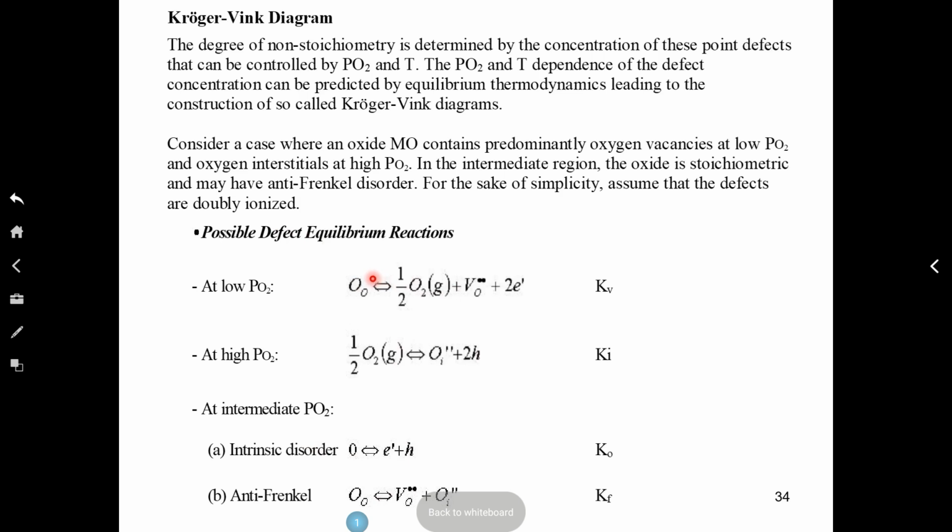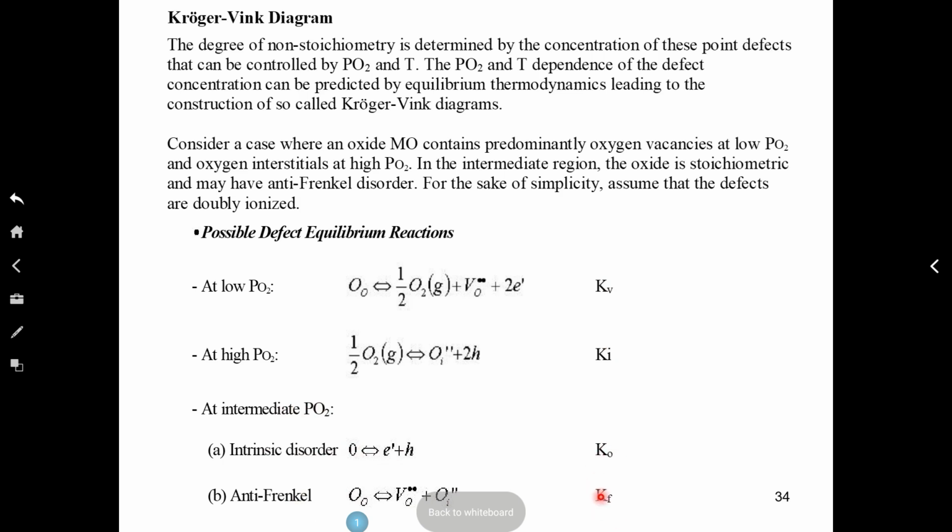These are the possible reactions: at low PO2 dominated by oxygen vacancy, at high PO2 dominated by oxygen interstitial, and at intermediate PO2 there are 2 possibilities: intrinsic excitation across the band gap, or anti-Frankel defect. And associated with each of these reactions are the equilibrium constants.